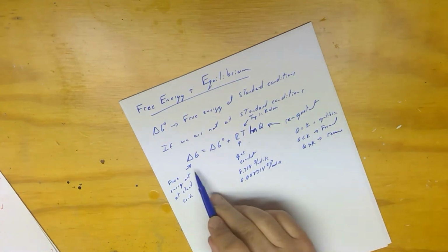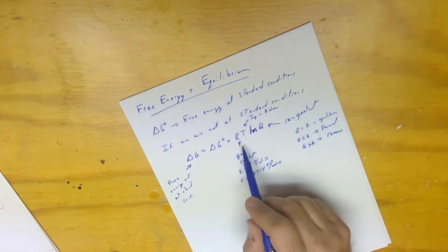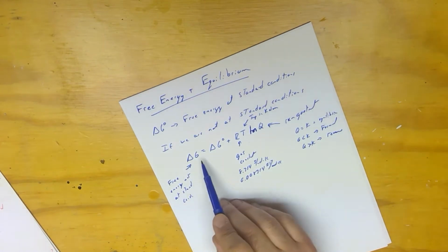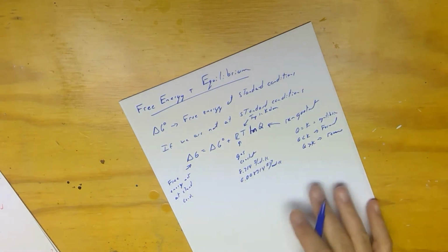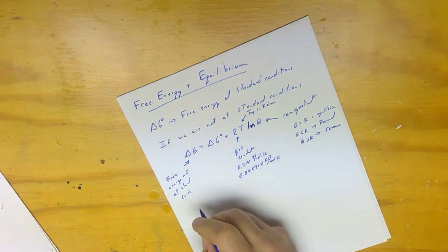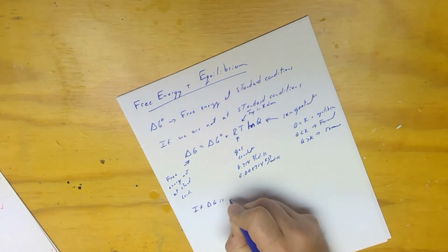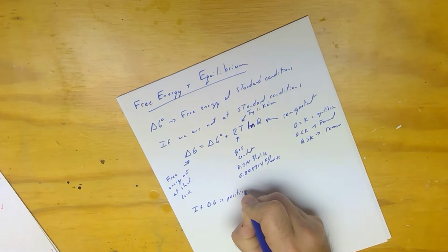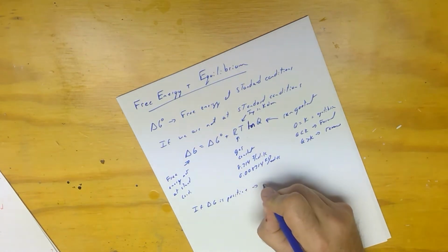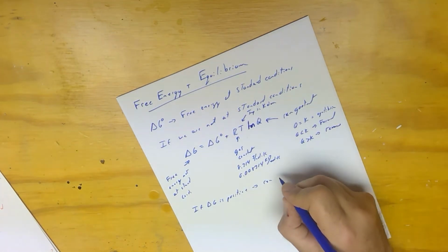All right, so we're going to have to be able to calculate Q. Now, in this equation, if delta G is positive, the reaction proceeds in reverse.